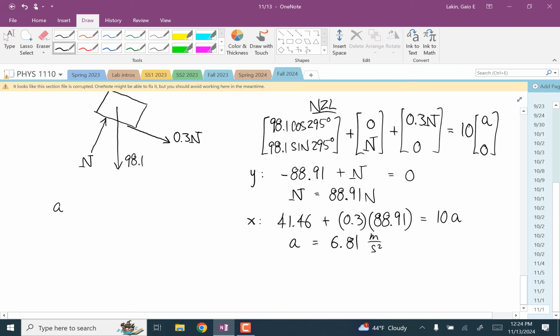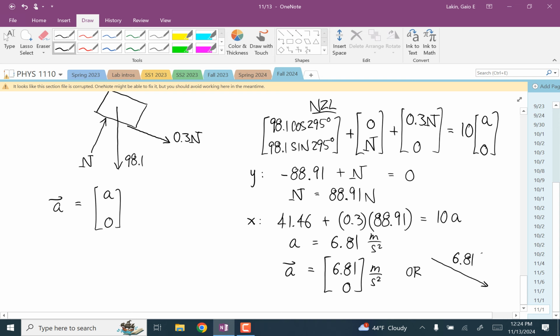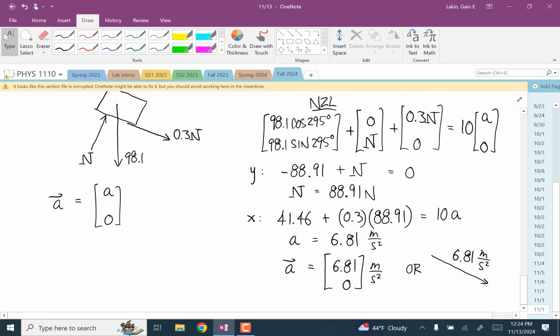The acceleration vector is a, 0. Just plug this value in for a, and you get an acceleration vector of 6.81, 0. Or in other words, 6.81 meters per second squared down the ramp. Okay, so that's part A, and that's most of this question.